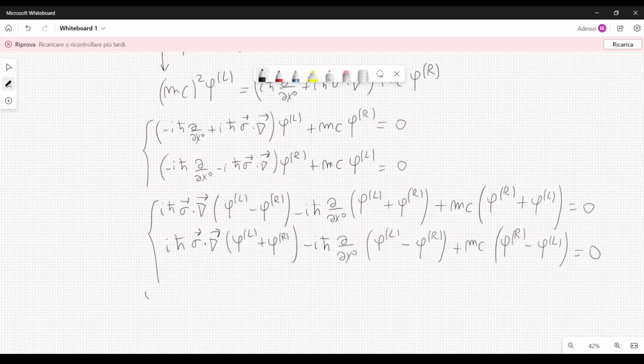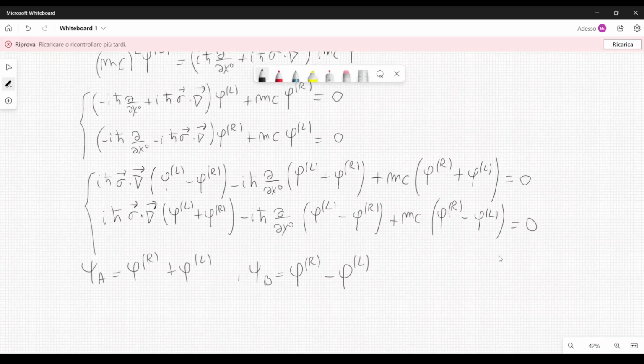And now we define two functions: psi_a equal to phi_R plus phi_L, and psi_b equal to phi_R minus phi_L.